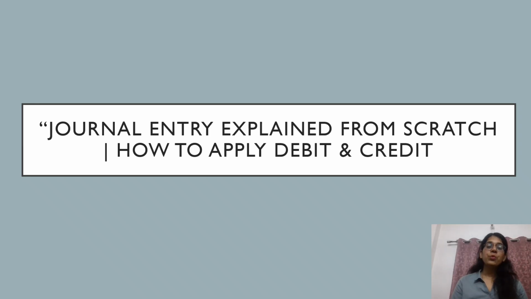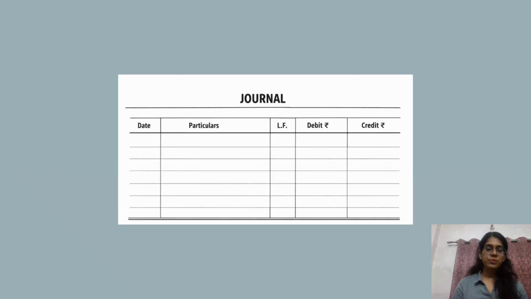So now we will first talk about the format of a journal. It is very important for us to understand that every journal entry has to be passed in a specific format. Okay, there is a specific format in which the journal entry will be recorded. I'll show you the format of the journal entry. So this is the format of my journal entry, right?